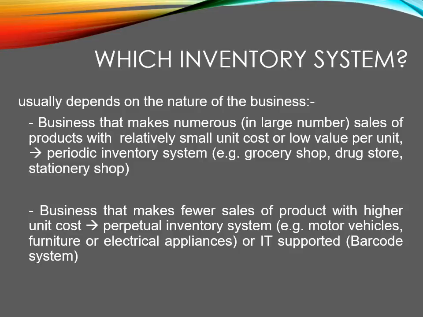For example, businesses that sell cars or lorries or big items, or high value items such as electrical appliances, refrigerators for commercial use. So these are items that are high value and make few sales.